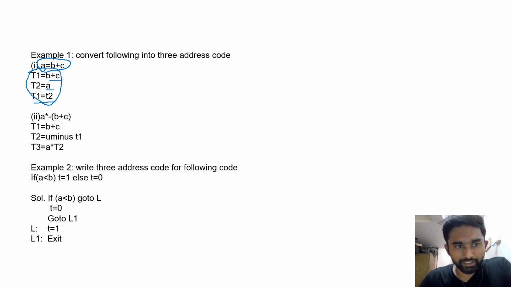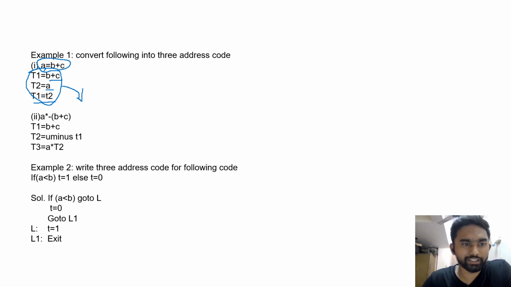This 3 address code can be further translated into machine code by the compiler. And you can see that we have used at most 3 addresses in each instruction. So you have to be very careful about this: 2 arguments and 1 operator, or whatever you want to use, but we have to use at most 3.